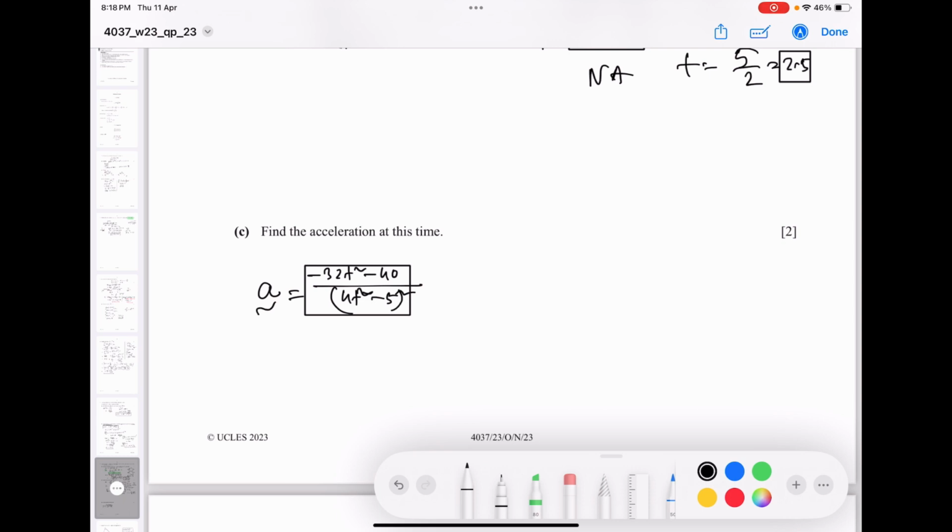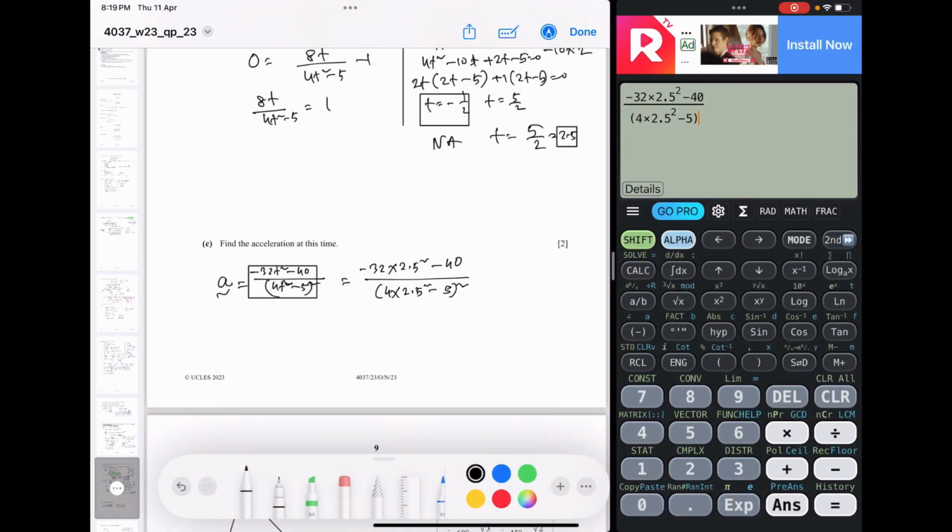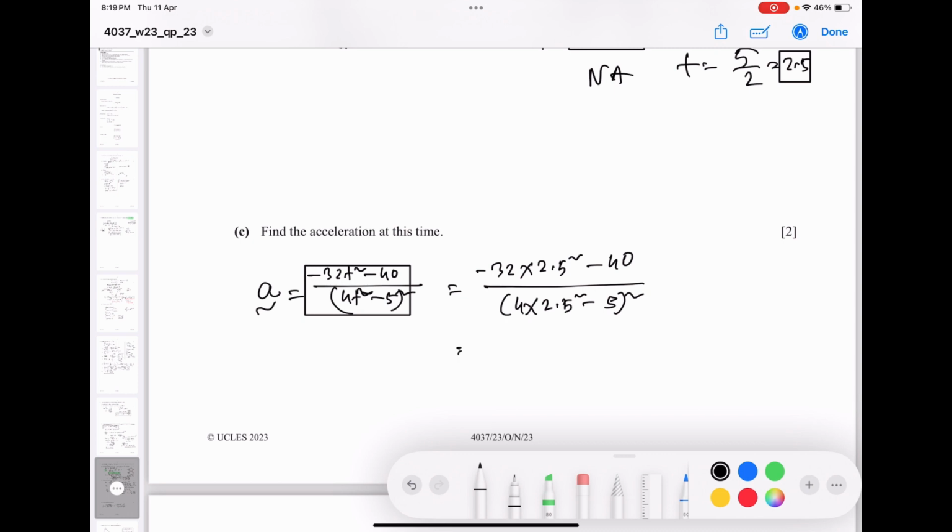So let me put these values of time. 2.5 squared minus 40 divided by 4 into 2.5 square minus 5 whole square, then whole square. So this is minus 3 by 5. That's great. Minus 3 by 5. So this is the acceleration. Okay, this marks is 2. Fine.